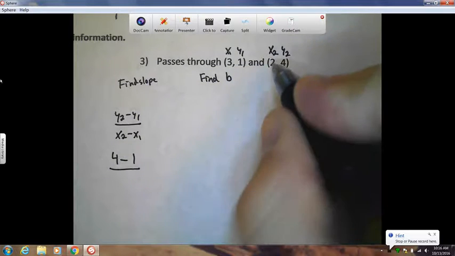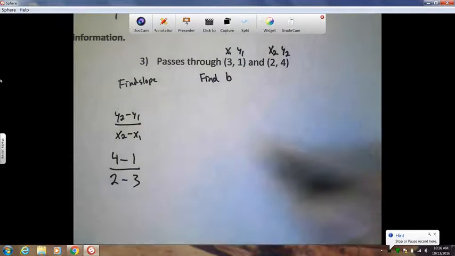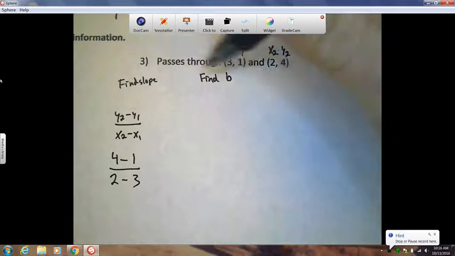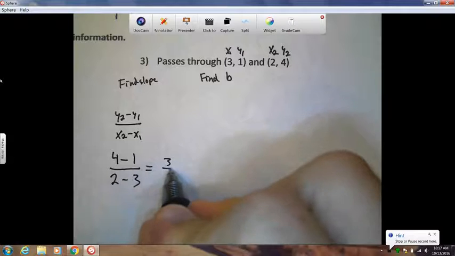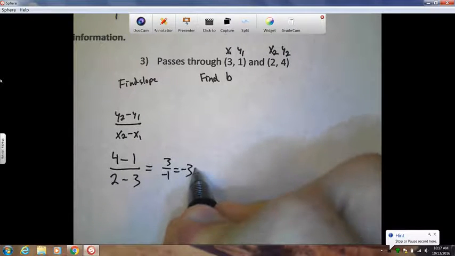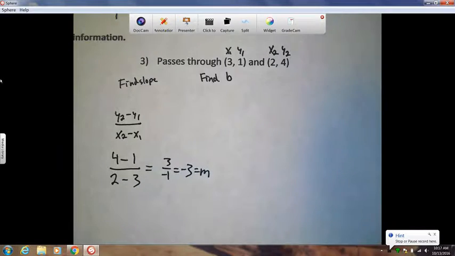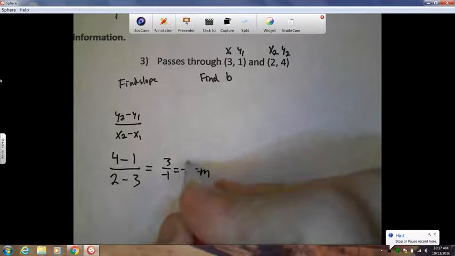So I just substitute in for their values. So I get 3 over negative 1, so negative 3 is my slope. So I found the slope first, and just so we're not confused here, negative 3 is slope.